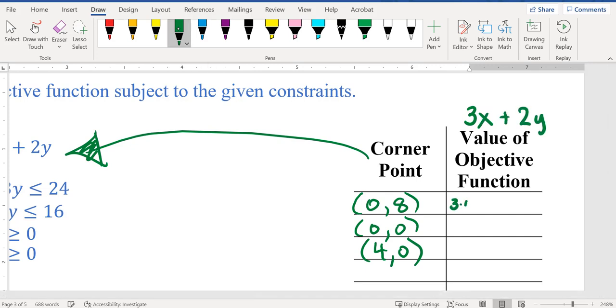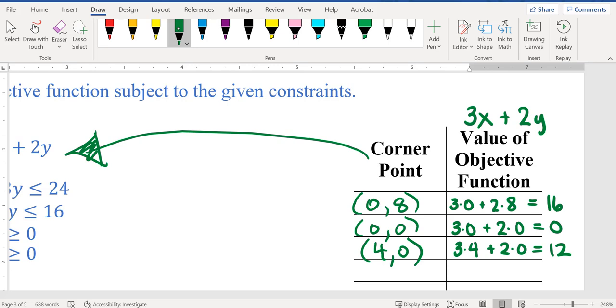So 3 times 0 plus 2 times 8 is 16. 3 times 0 plus 2 times 0 is 0. And 3 times 4 plus 2 times 0 is 12.